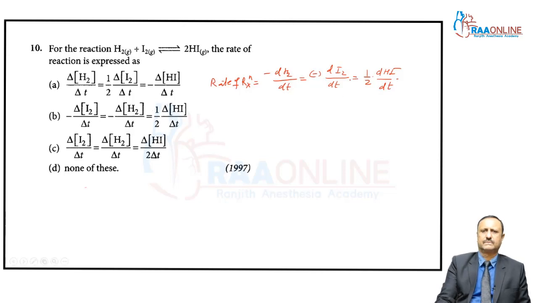Looking at the options, dH2 upon dt without the minus sign is the wrong answer, since minus is present for the reactant. So you can go to option B. Question number 10, the option is B.